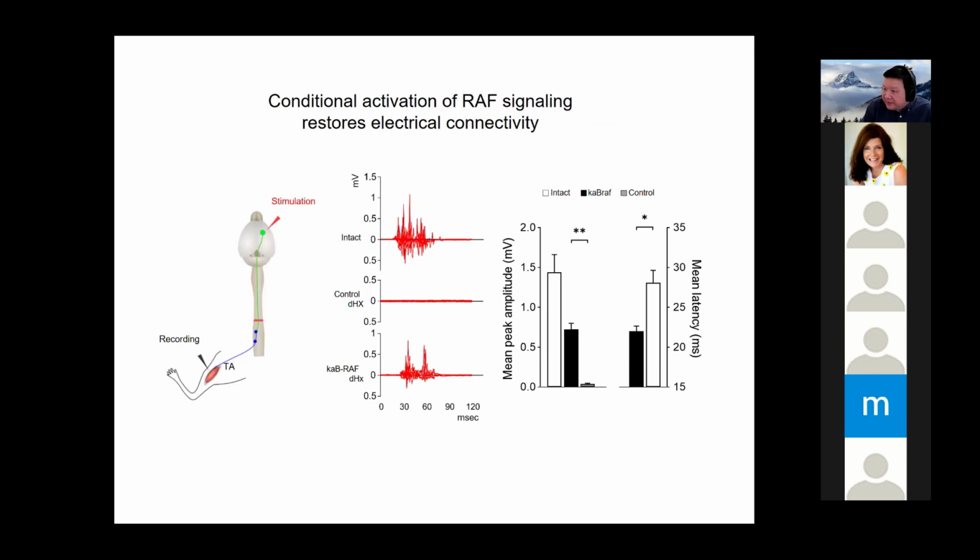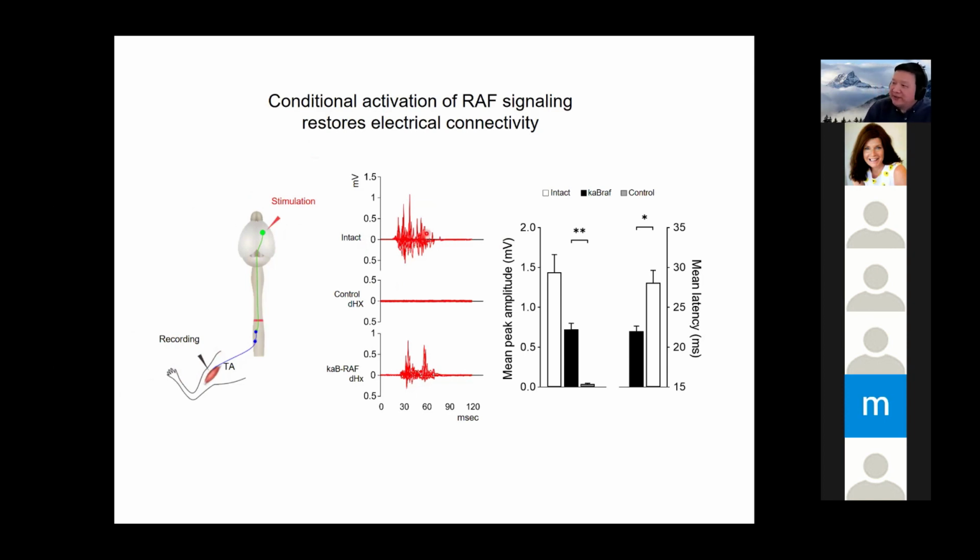Just as I mentioned before, axons function roughly like electrical wires, so we tested for electrical conductivity after spinal cord injury in mice. We artificially stimulate the neurons in the motor cortex and record electrical signals from the leg muscle. This is a set of recordings from the intact mouse without spinal cord injury.